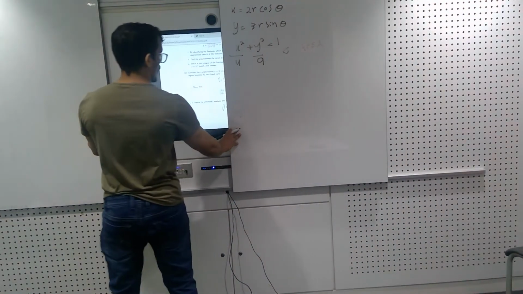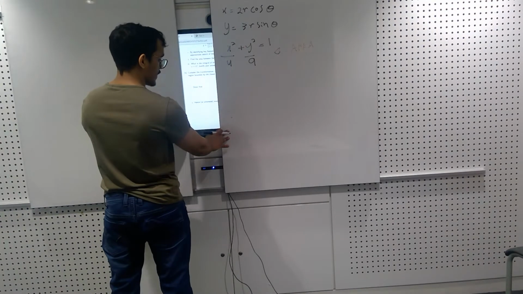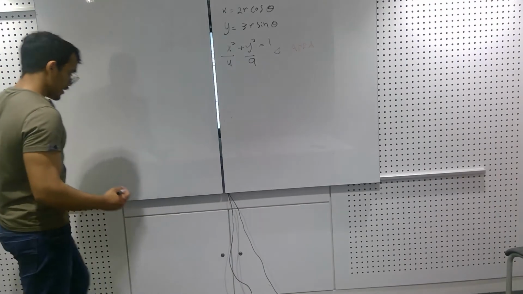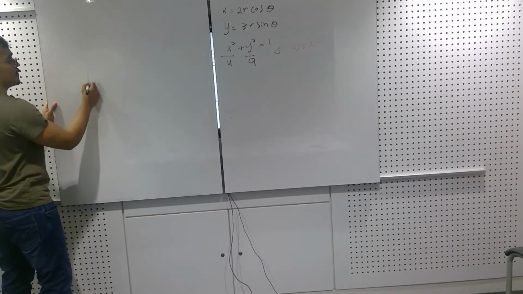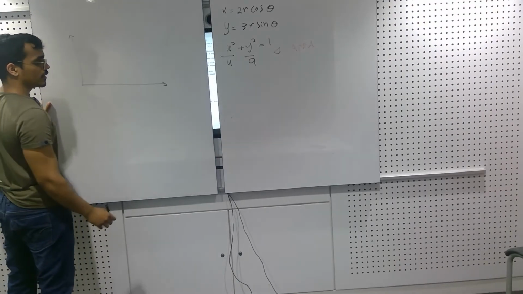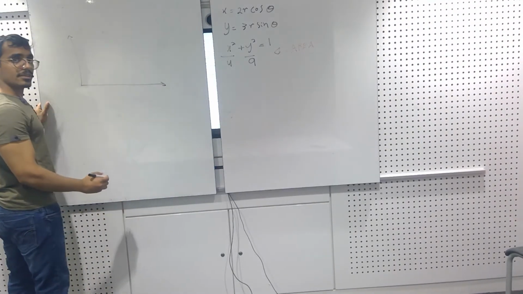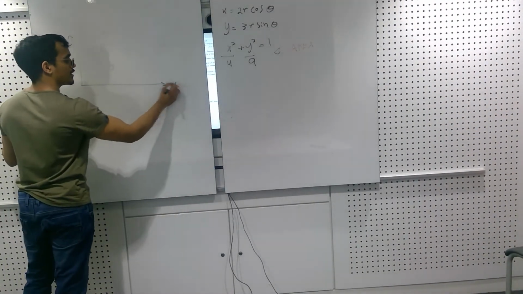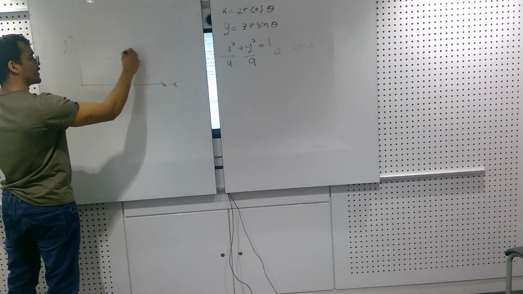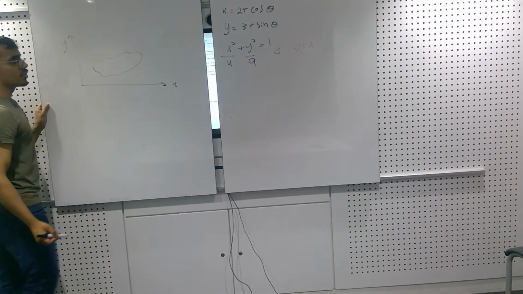But I will teach everyone, as in the beginning, what a Jacobian means. Imagine you have an area in x and y like this, with the x-axis and y-axis.